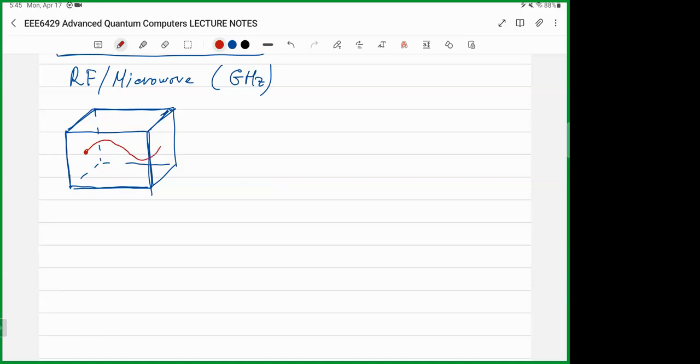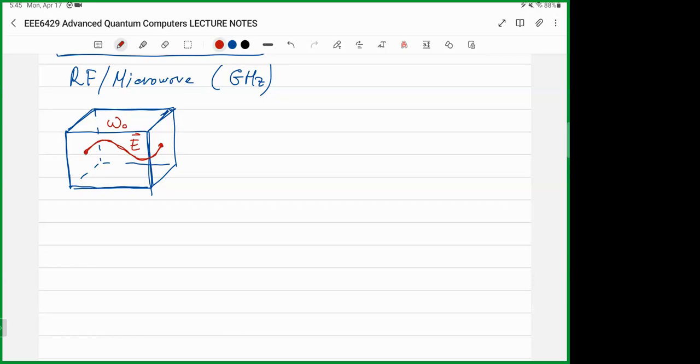For example, a mode like this. This is the fundamental mode. This is the electric field profile inside of this box, inside of this cavity resonator. And this mode has the resonant frequency, let's denote it by omega 0.